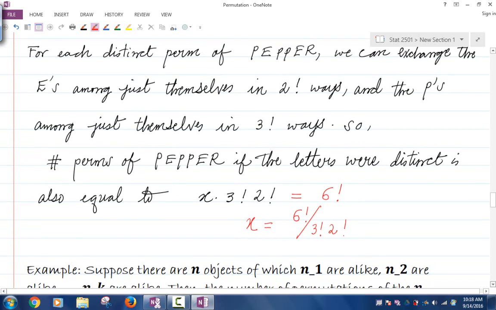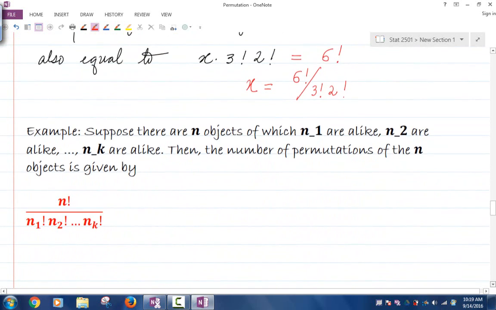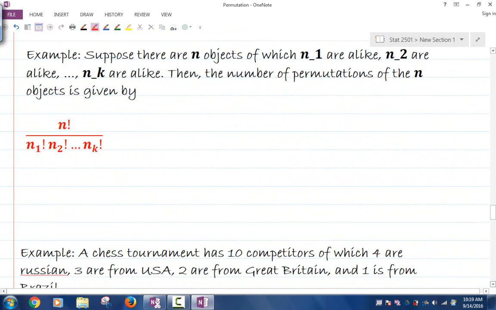And that pattern persists in general. So in general, if you have n objects where n1 of the objects are alike, n2 of them are alike, nk of them are alike, then the number of permutations of the n objects will be given by n factorial divided by n1 factorial, n2 factorial, nk factorial. Is everybody okay?